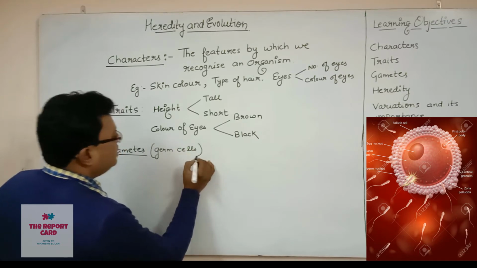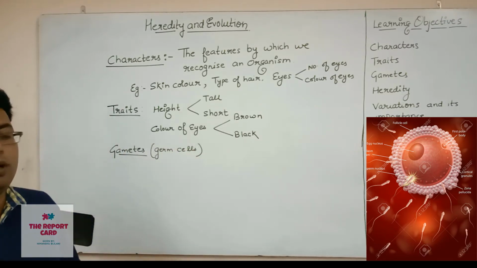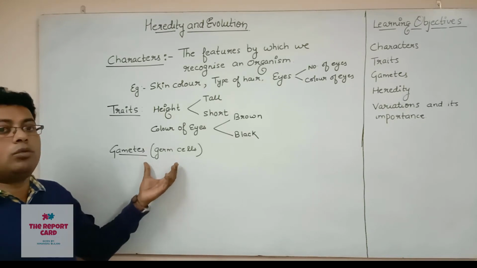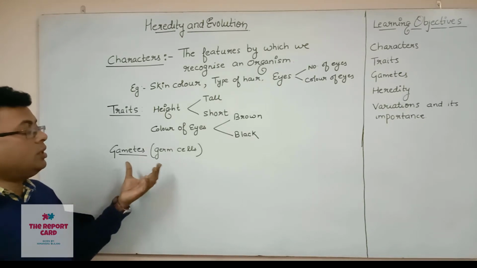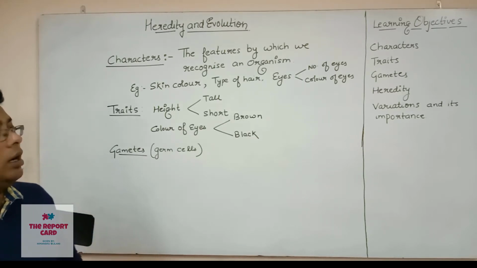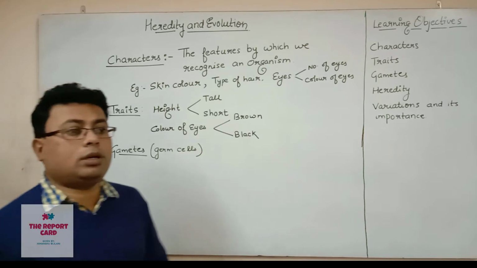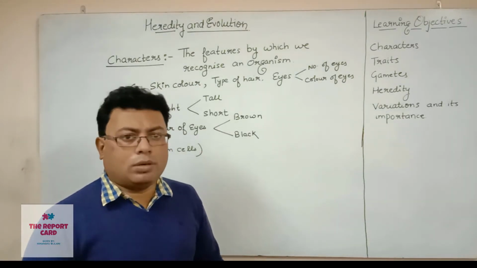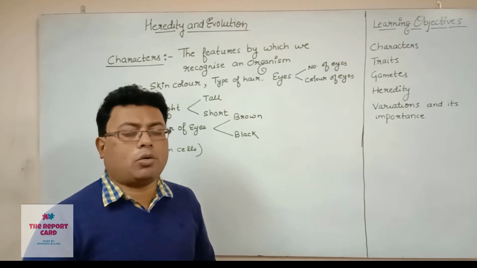And in the previous chapter, that is reproduction, we were introduced to this term and we know what it is. Now these gametes are a special type of cell. I think you know about haploid and diploid. We will be coming to those in the molecular basis of inheritance, then I will talk about this.